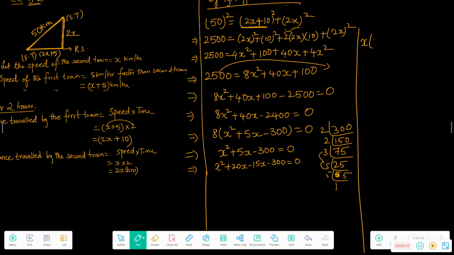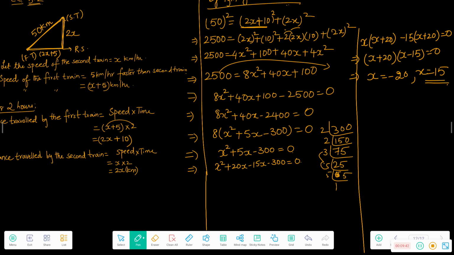So I can take x common: x plus 20 and x minus 15. So the possible values are x plus 20 is equal to 0 and x minus 15 is equal to 0. The x value is minus 20 and x value is 15. So the speed of the second train is x.